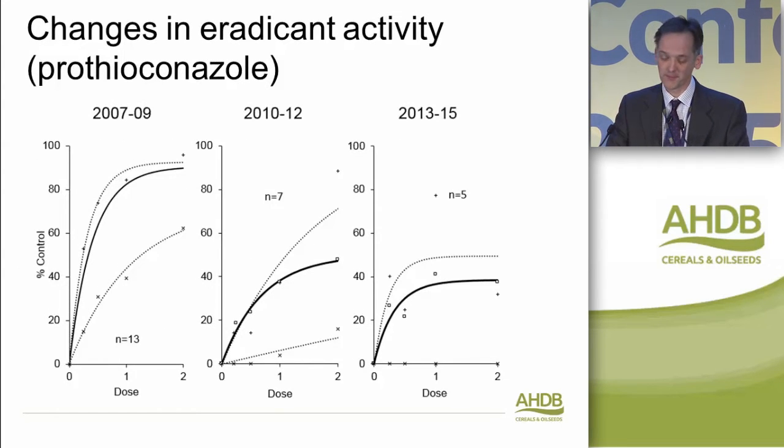Prothioconazole, very, very similar pattern. We've seen a big change between 2007 and 2009, down to around 40 or 50% control, which is roughly what we've seen ever since about 2010. So some quite big changes going on there.